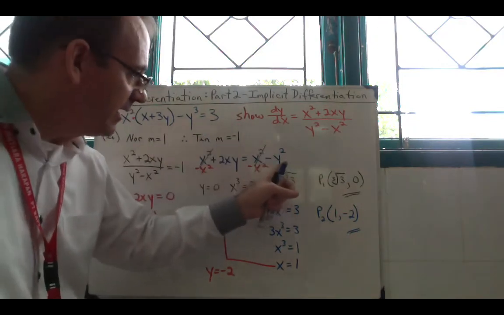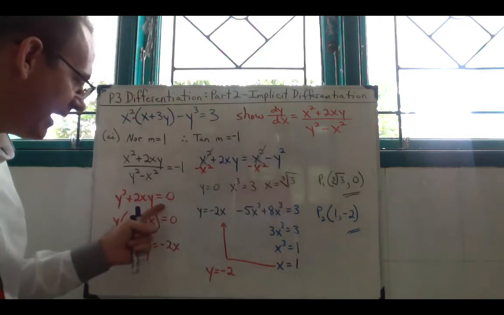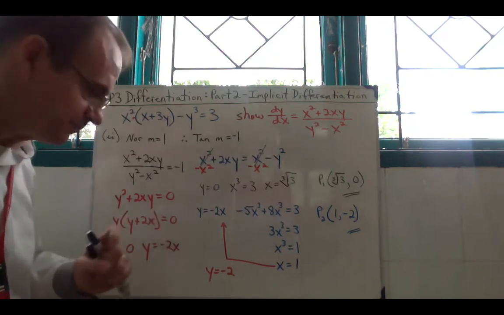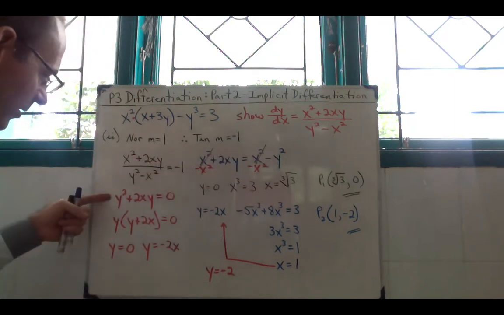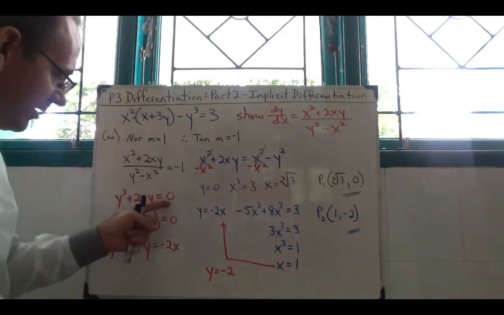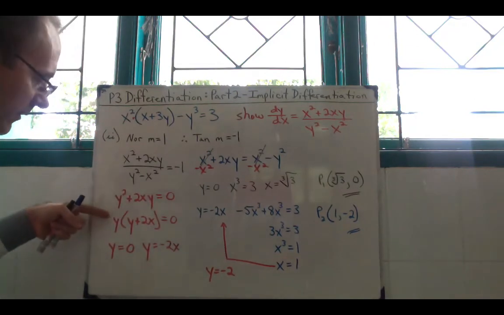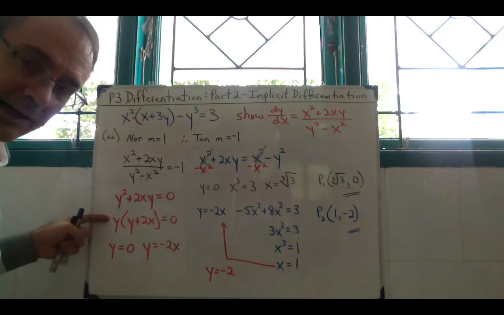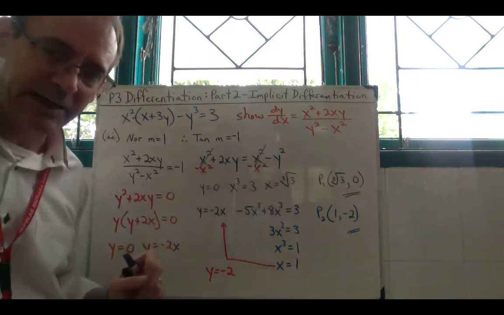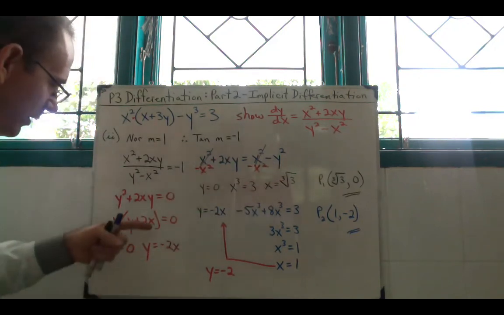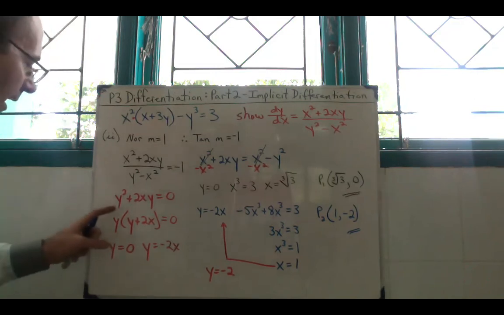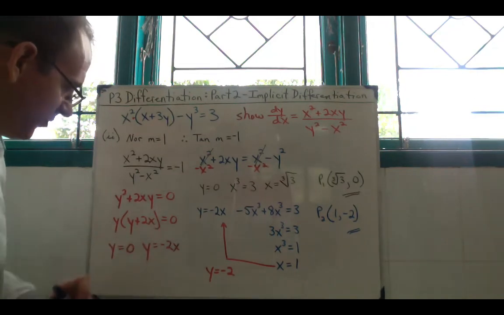So instead, get everything onto one side and set it equal to 0. So we add the y squared over, y squared plus 2xy equals 0. Now we factor out the y instead of canceling it by dividing.